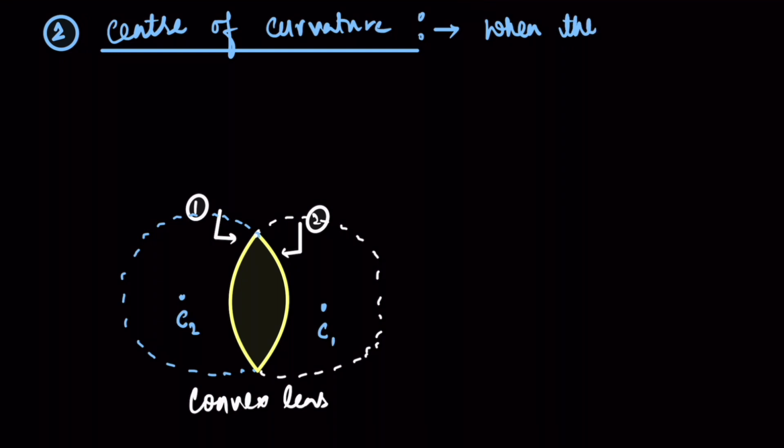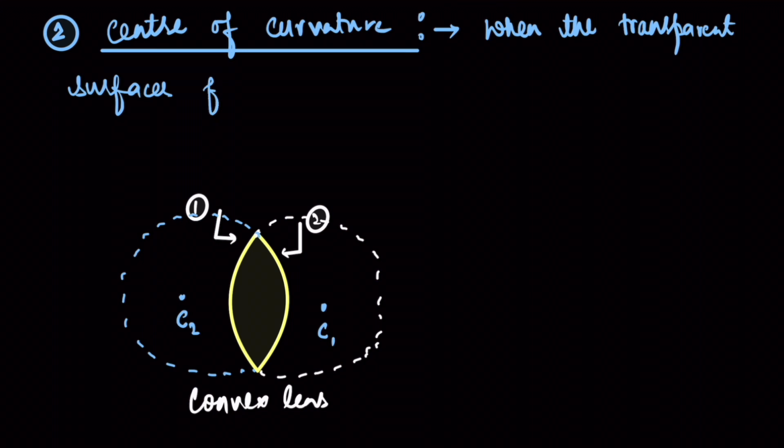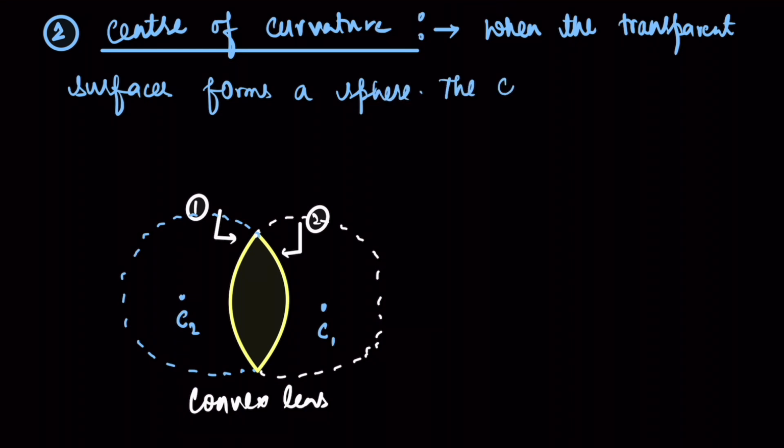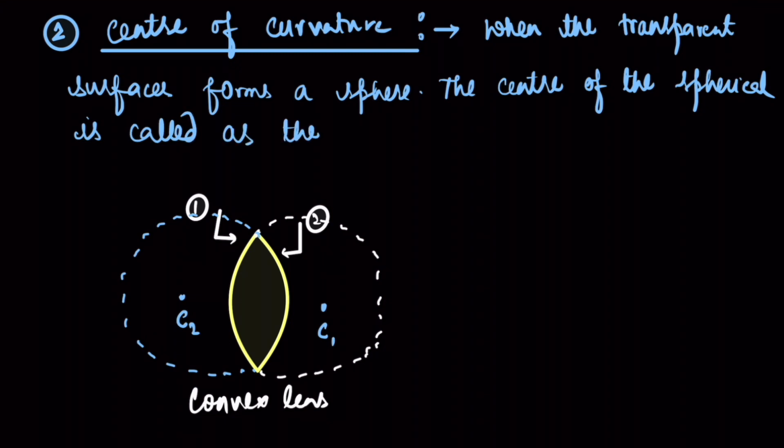So we can define the center of curvature when the transparent surfaces form a sphere. The center of a sphere is called as the center of curvature.